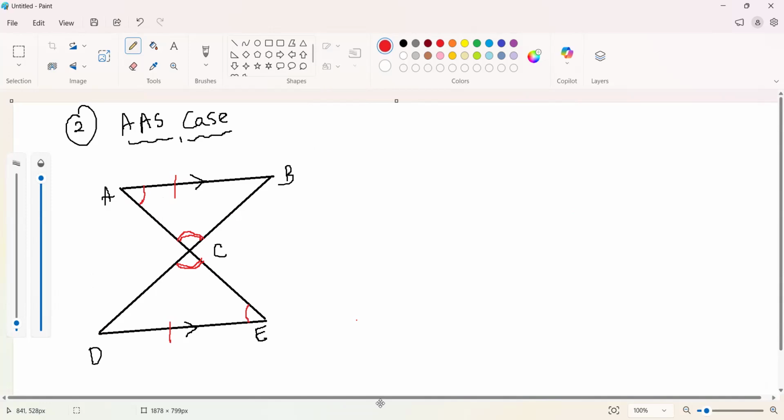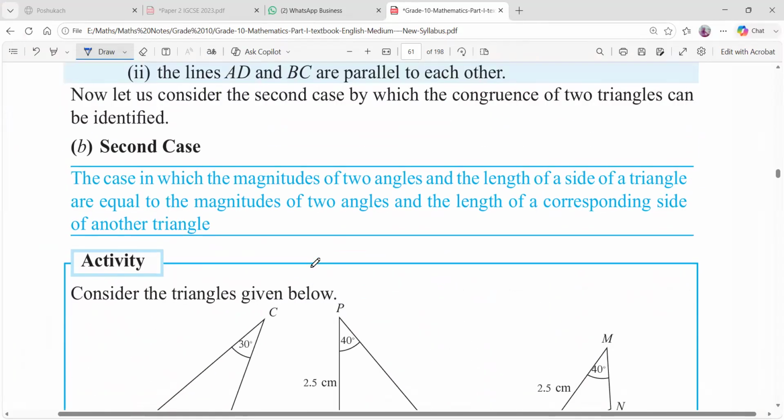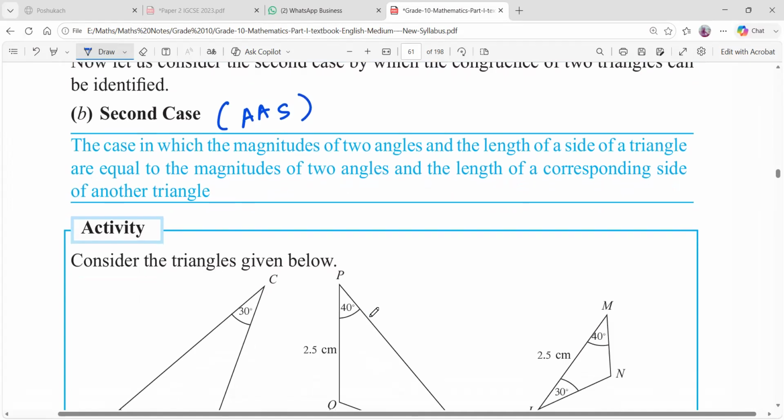So in this case, two sides are not considered. Okay? In this case, what do we call it? Angle side case. What are we thinking of? Two angles and the corresponding side. No need to include one more.